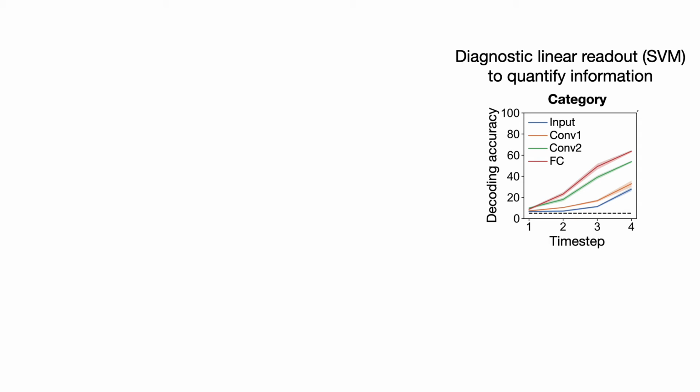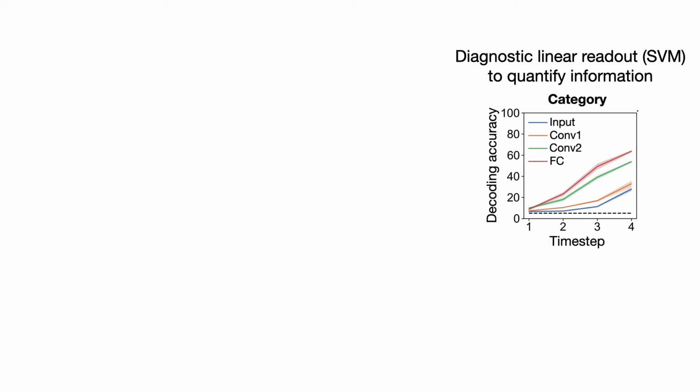So the first thing we wanted to see is whether there is information about category and auxiliary variables in the network. So we trained support vector machines to quantify information. In this case, if you want to know if there's category information, you train a 20-way SVM on each time step at each layer. So what we saw is that for each layer across time steps, category information increases.